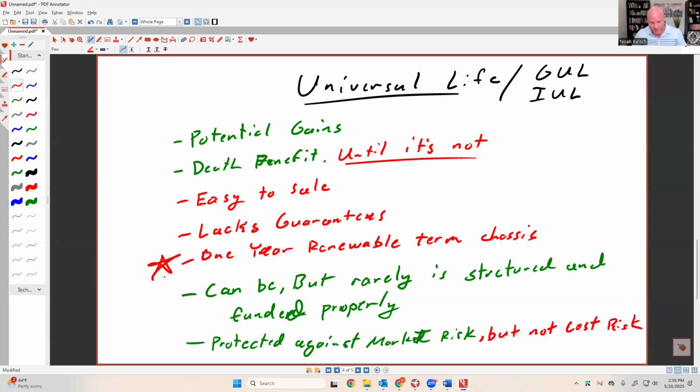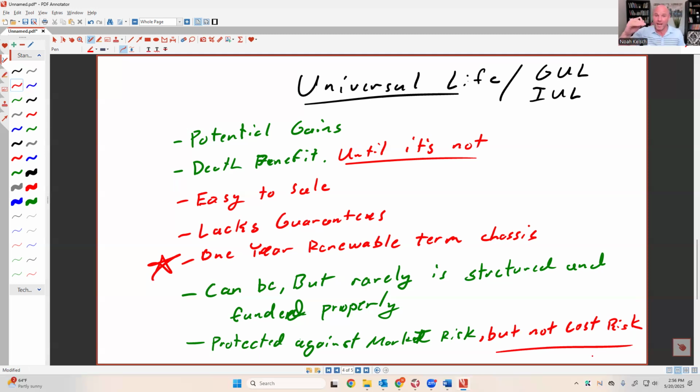Last but not least, it is protected against market risk. That's true with universal life policies. What that says is, if the market goes down, your balance does not go down due to market risk. That's true. However, it's not protected against cost risk.